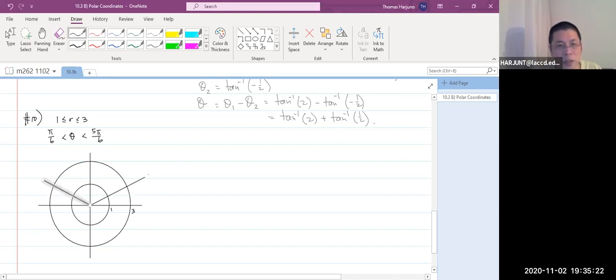This is for theta equals pi over 6. This is for theta equals 5 pi over 6, radius 1 to 3. So the region we are talking about is this.